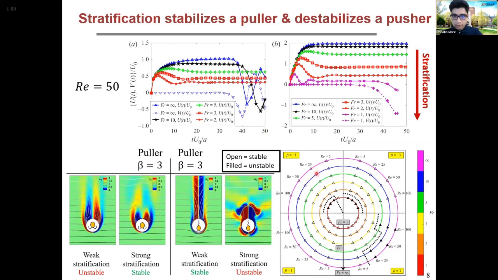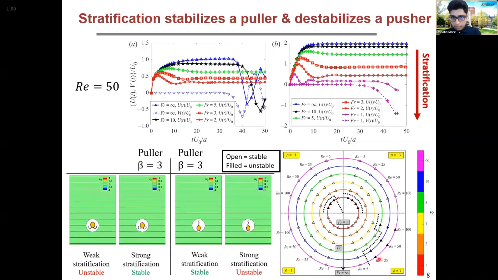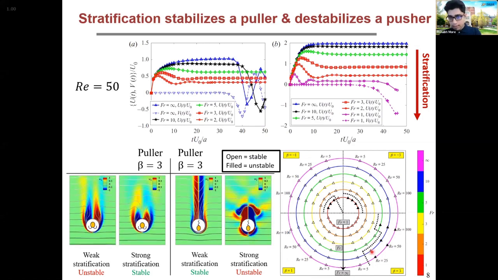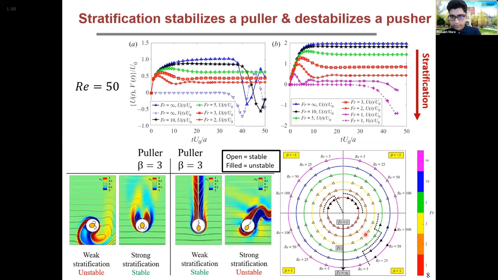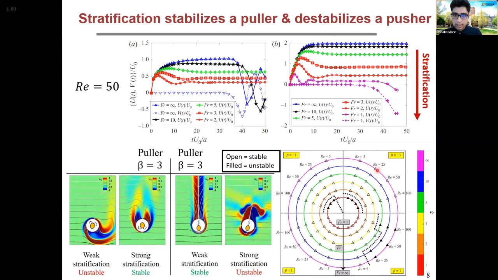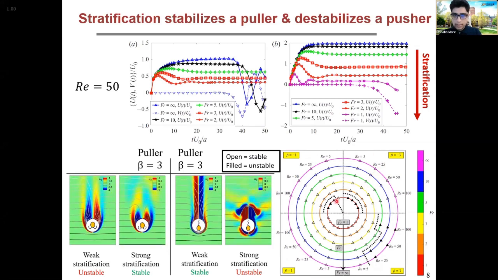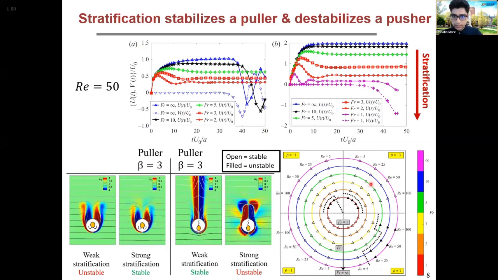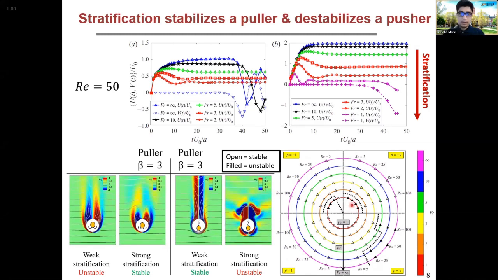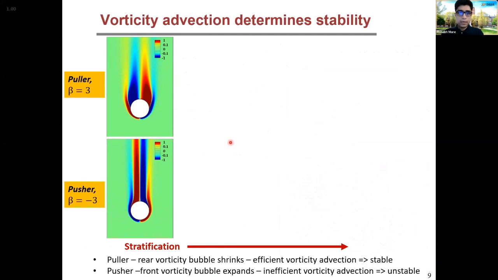So as you can see, for a puller, which is the lower half, as we increase the stratification, it becomes stable, which is divided by this dashed line. While on the other hand, for a pusher, as we increase the stratification, it might become unstable at very high stratification strengths.